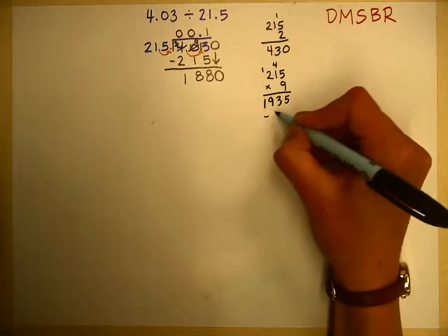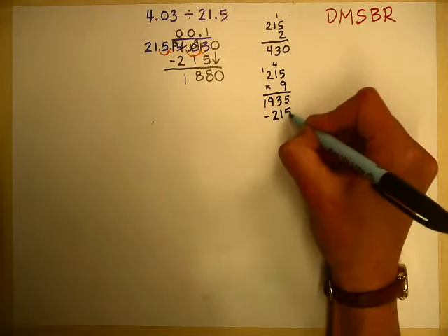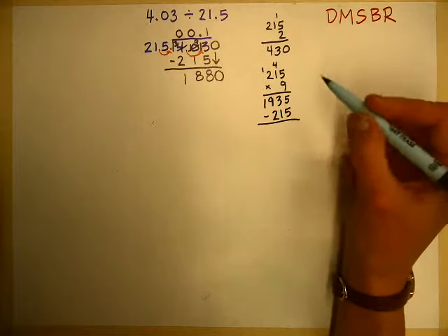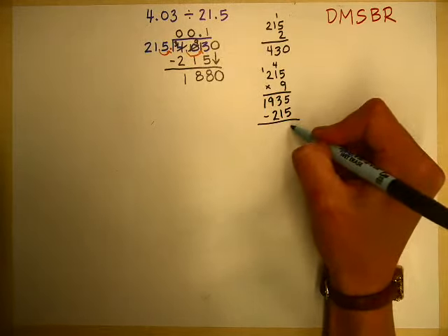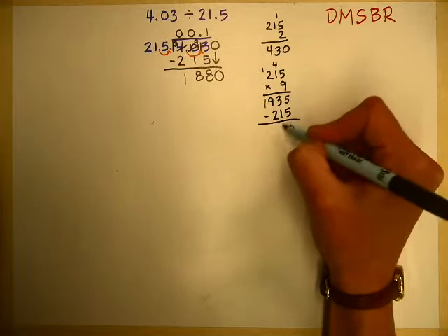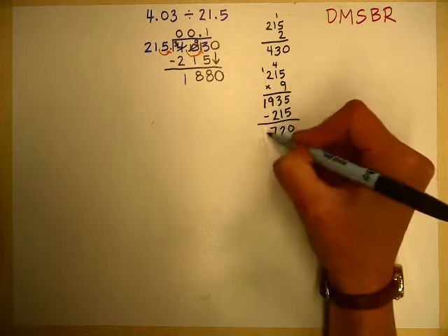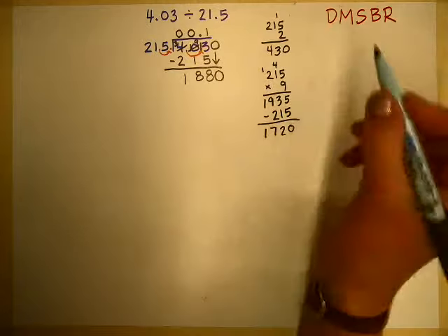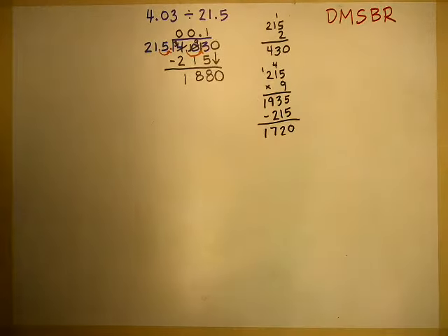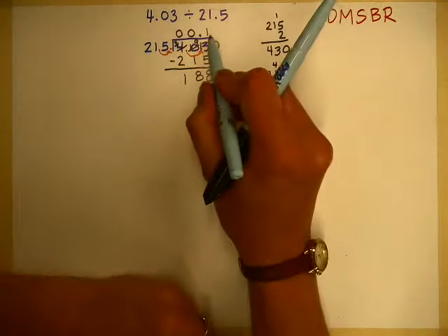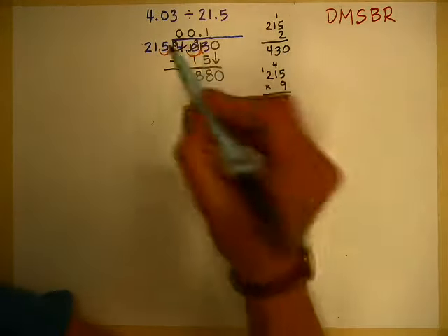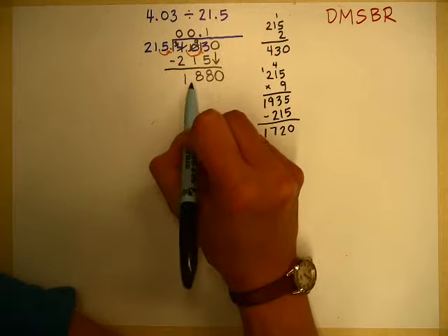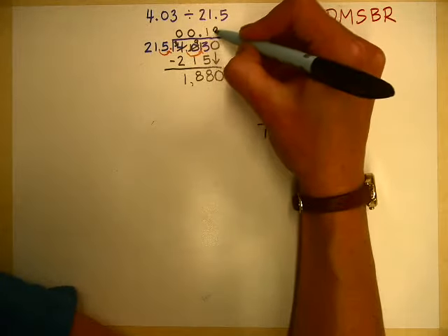Okay, so I'm just going to subtract one of the 215s instead of multiplying it by 8, because I think this is going to be a little bit easier and faster. 2, 7, and 1. Okay, so now we multiplied, and we discovered that 215 fits into 1,880 8 times.